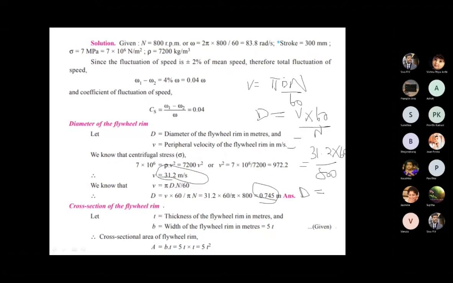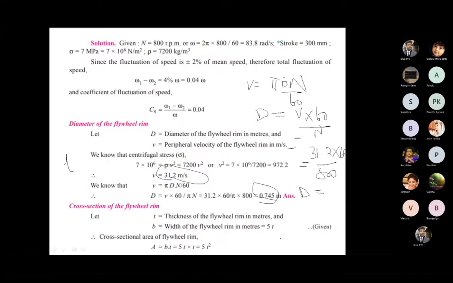So the diameter value is over. Now the cross section of the flywheel. Cross section means area a, which is b into t, where t equals the thickness of the flywheel ring in meters and b equals the width of the flywheel ring in meters, which is 5t. Now the cross section area of the flywheel, a equals b into t. The b value is already given as 5t, so b is 5 times the thickness.